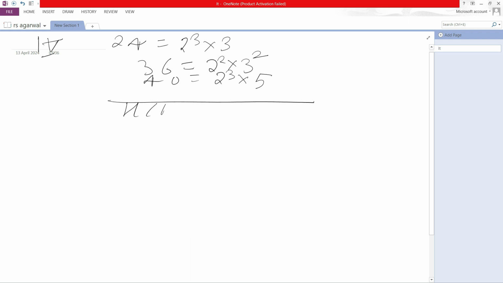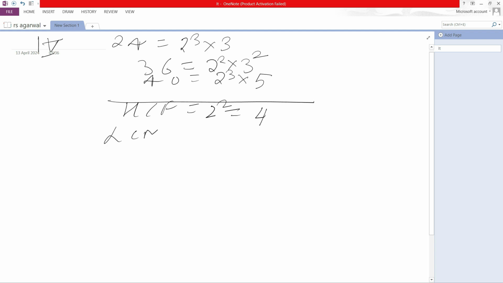So SCF: the power of 2 in 24 is 2 cube, in 36 it is 2 square, in 40 it is 2 cube. So we'll take the lowest one, that is 2 square. After that 3 is not present in 40, so we'll not take. 5 is not present in 24 and 36, we will not take. So SCF is 2 square, equal to 4 here.